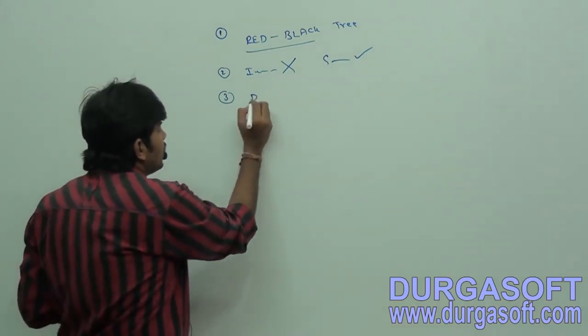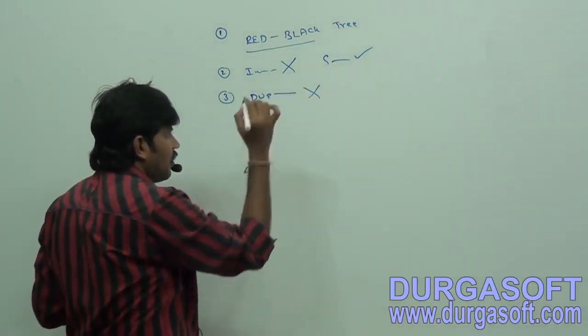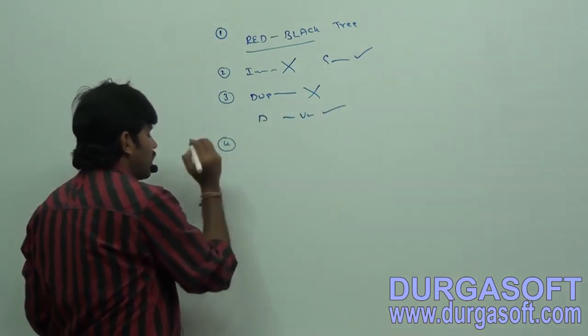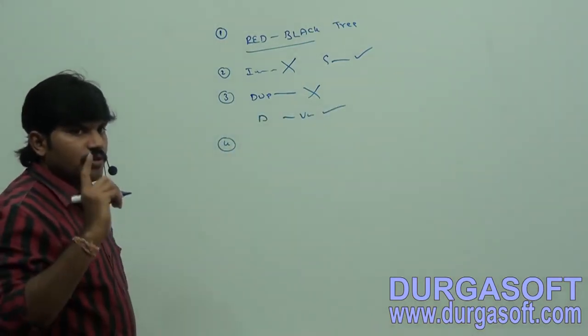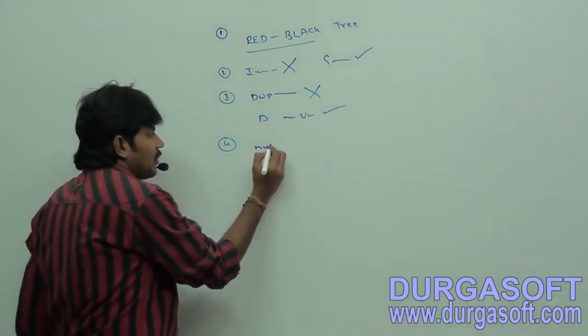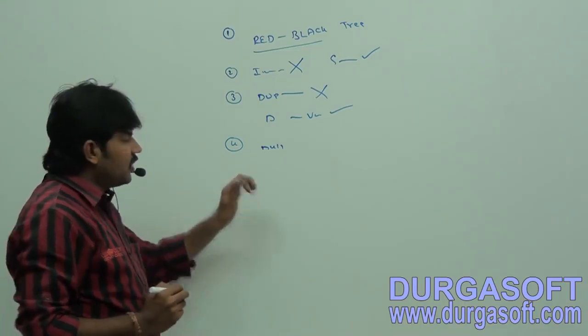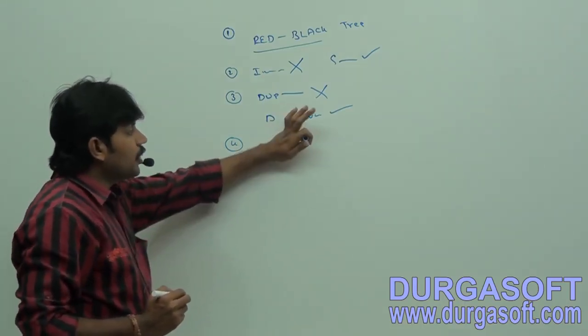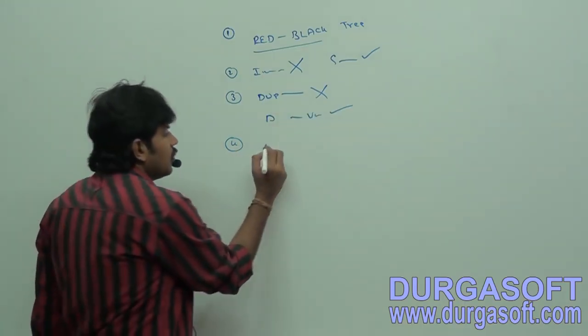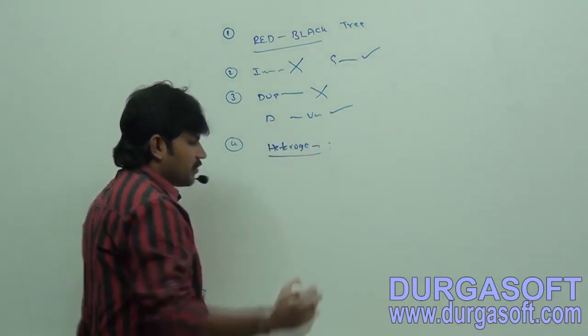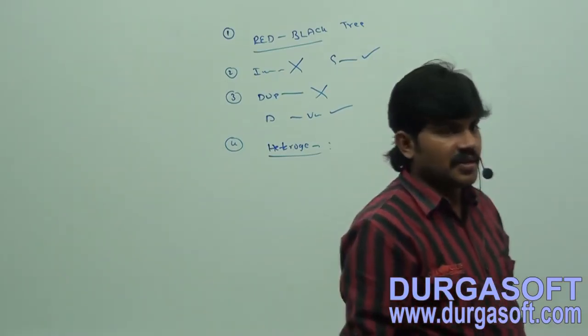Next, are duplicate keys allowed or not allowed? Not allowed. But duplicate values are allowed, no problem at all. Next, null acceptance. There is a small rule there, that part I will discuss. First, let me talk about heterogeneous objects. With full maturity level we can tell, because we already discussed tree set in detail.